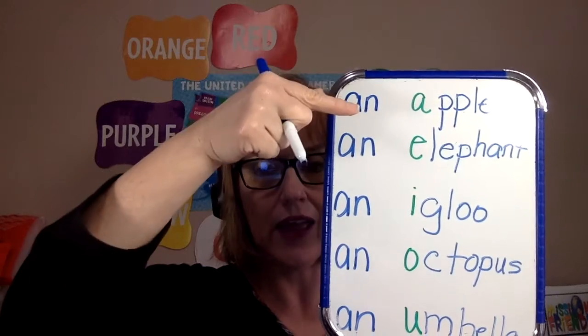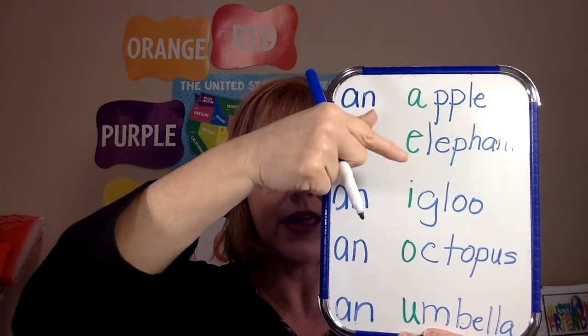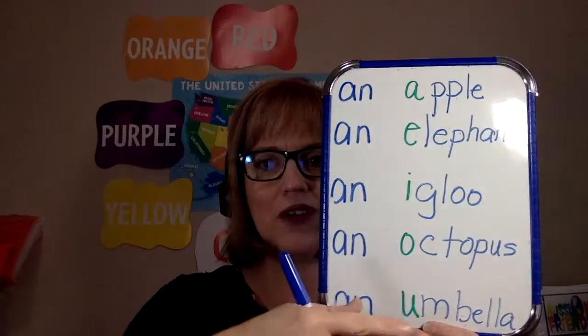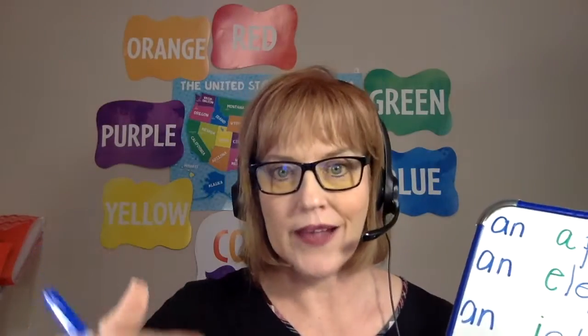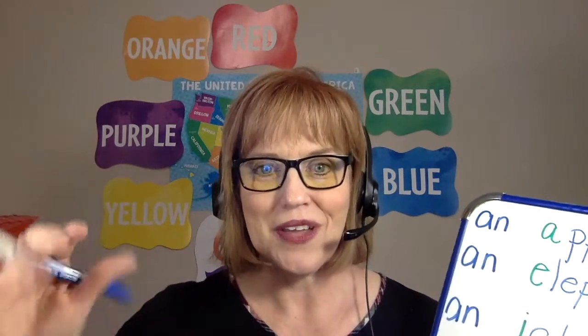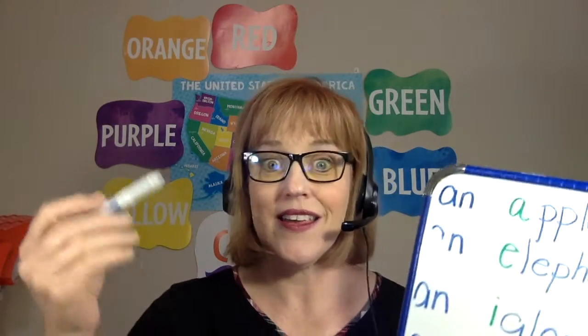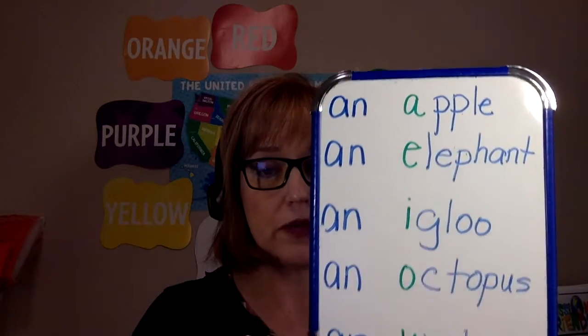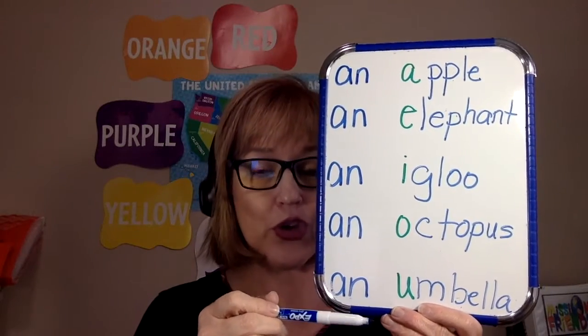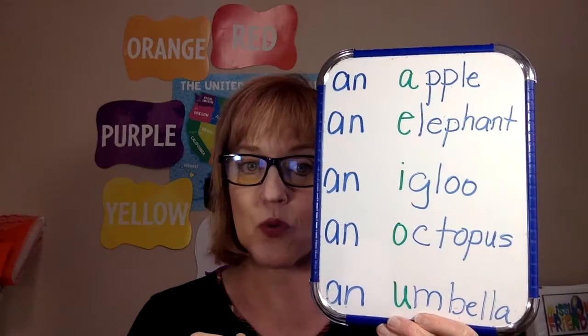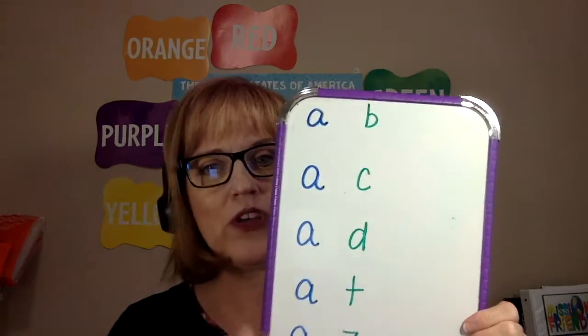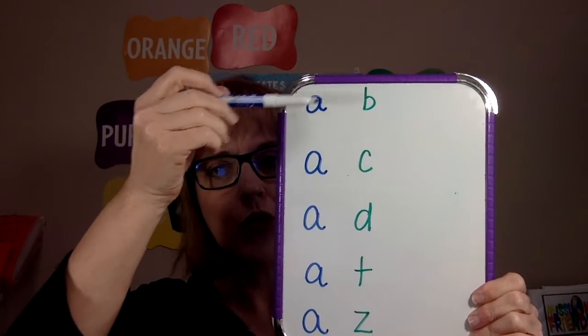Again, we use "an" with words that begin with A, E, I, O, U. And then we'll look at our passage or the fill in the blank from our lesson and see if any of those words begin with A, E, I, O, or U, and if they need to use the word "an."